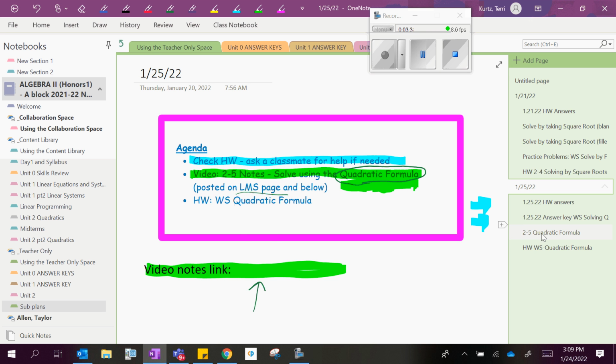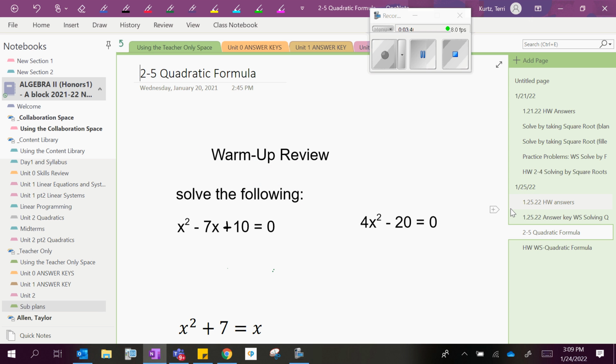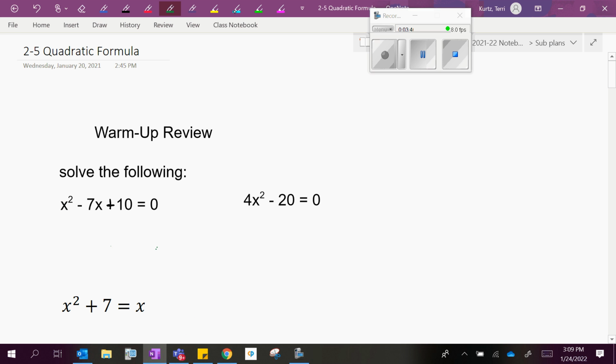Let's jump right in. Before we get into solving with the quadratic formula, I want to do a quick review of all the different ways we have solved quadratics so far. If you look at this first example, it has three terms and there's no GCF, so we would try to solve it by factoring.